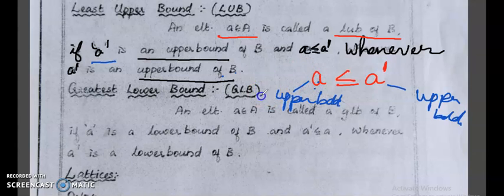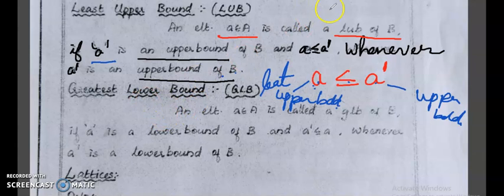So this is called the least upper bound. This a is called the least upper bound.